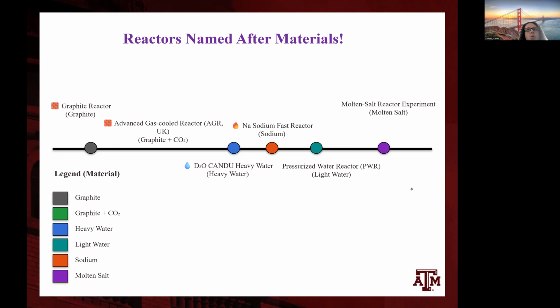Light water reactors, heavy water reactors, sodium cooled fast reactors, lead cooled fast reactors, gas cooled reactors, molten salt reactors, and so forth. Almost every reactor we know is named after a material that enables specific performance or a specific safety mechanism particular to that reactor type.